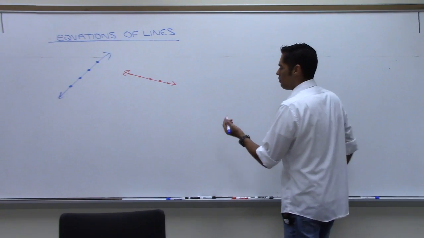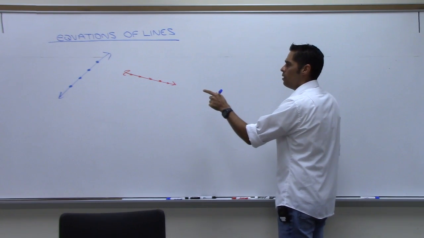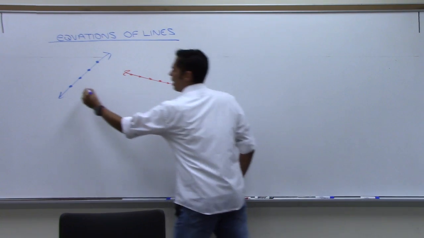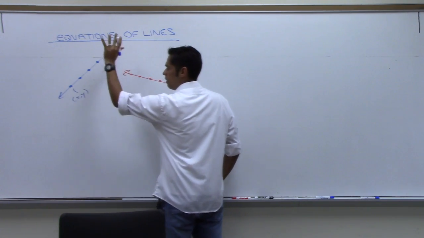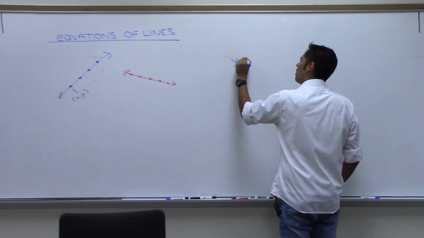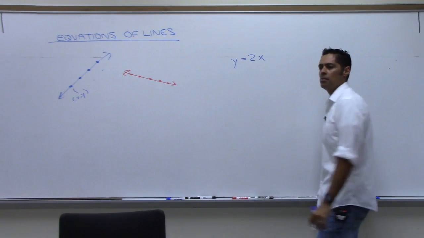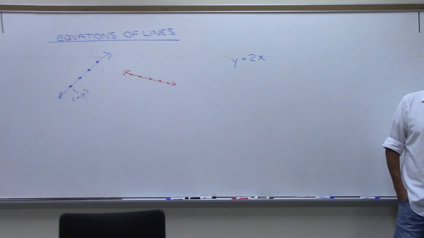So here's one way I could write it. How about if I say, I want you to draw a line where all these x's and y's, every single one of them, have this relationship: that y is always double the x. Y is always twice the value of the x.